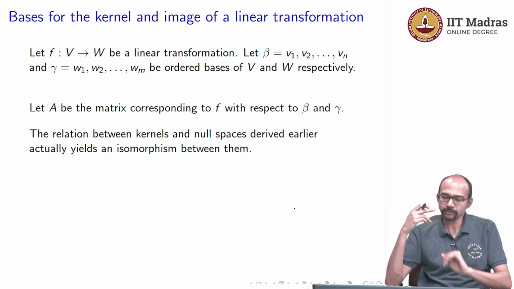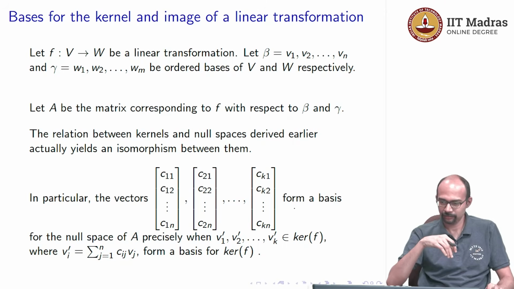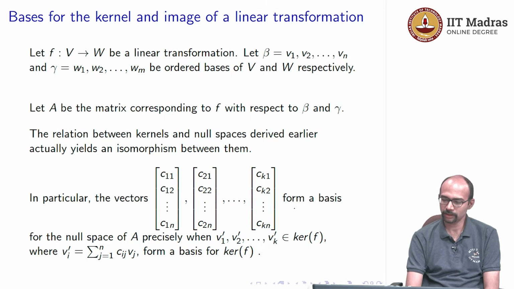So, that tells us that the kernel is actually isomorphic to the null space. So, in particular, if you look at the vectors C11, C12, ..., C1n, C21, C22, ..., C2n and Ck1, Ck2, ..., Ckn, these form a basis for the null space of A precisely when the corresponding V1 prime, V2 prime, ..., Vk prime lie in the kernel of F and form a basis for the kernel of F.